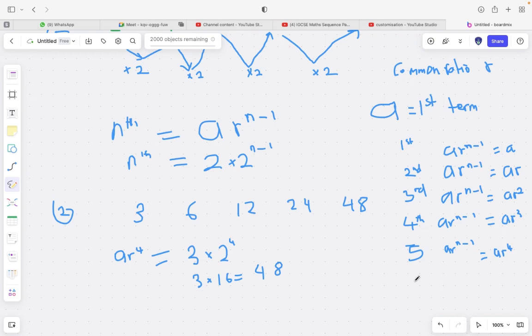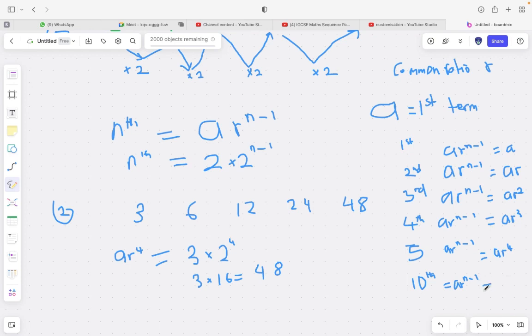So if you are asked to find the 10th term, let's jump to the 10th term. If you are asked to find the 10th term of this geometric sequence, you know the formula is ar raised to power n minus 1. Since it's the 10th term, n is 10. 10 minus 1, so 9.